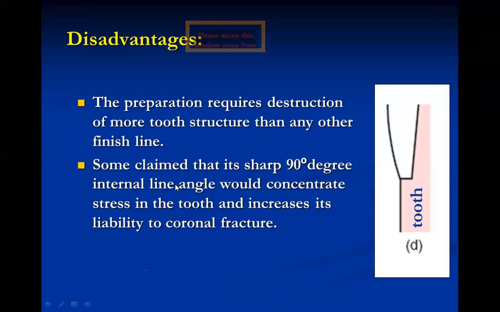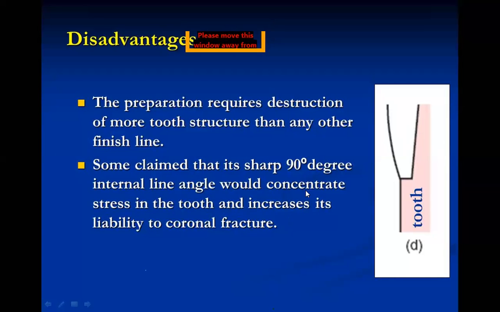And some claim that the presence of a sharp angle, as you look at this picture and see that the shoulder with the wall has a sharp angle, may lead to an internal stress concentration on the tooth structure.